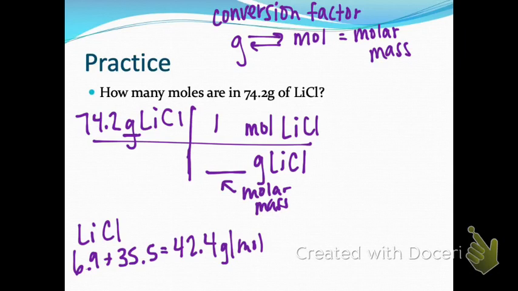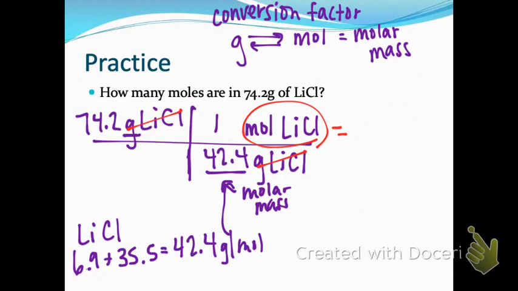So that's what number goes with grams. So 42.4. Now I check my units. I have canceled grams of lithium chloride. I'm left with moles of lithium chloride, which is what I want. So I do my math, multiply across the whole top, divide by the whole bottom. Should we be expecting more than 1 mole or less than 1 mole?